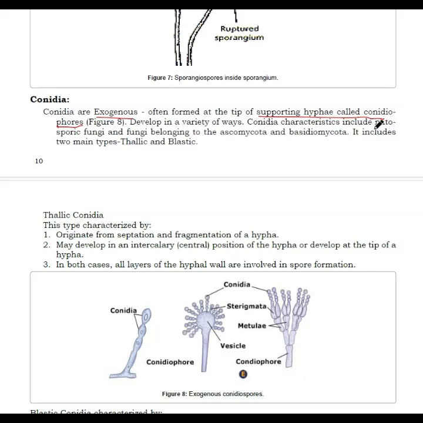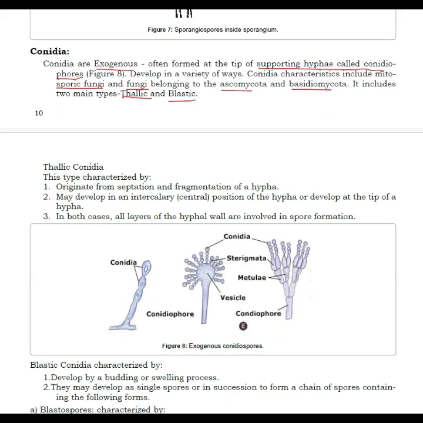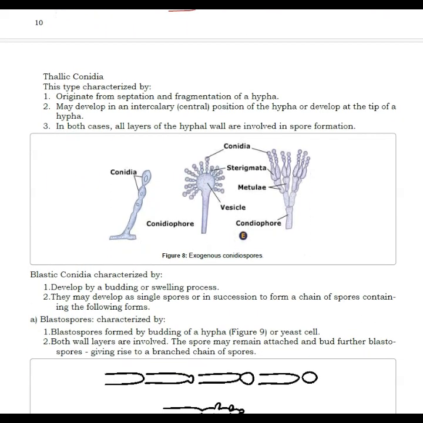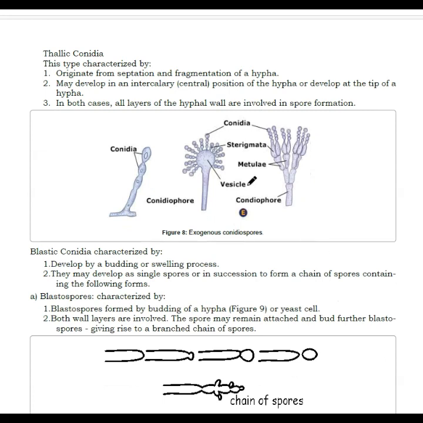The characteristics include mitosporic fungi and the fungi belonging to Ascomycota and Basidiomycota. So these conidia include two types, thallic and blastic. And don't worry about the examples, we will study them in the subsequent videos. So thallic conidia are what?